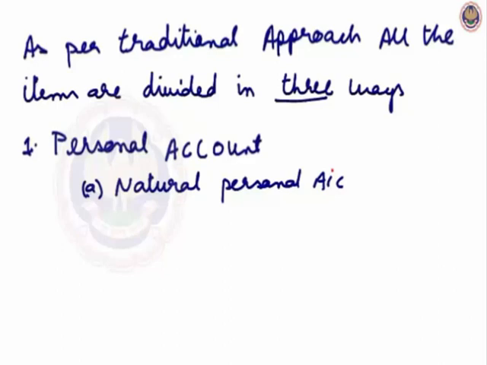Then it is bifurcated into whether it is a natural personal account, representative personal account, or artificial personal account. For example, when I take Mohan, Gopal, they are included in natural personal account because they are made by the Almighty, so they are natural personal account.